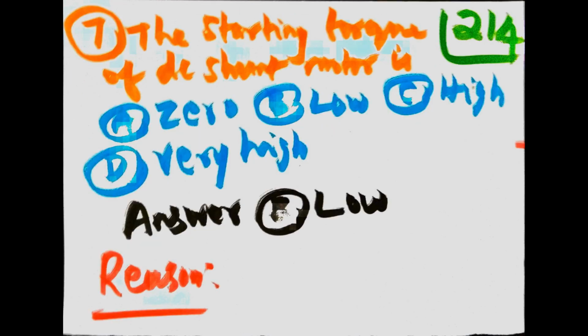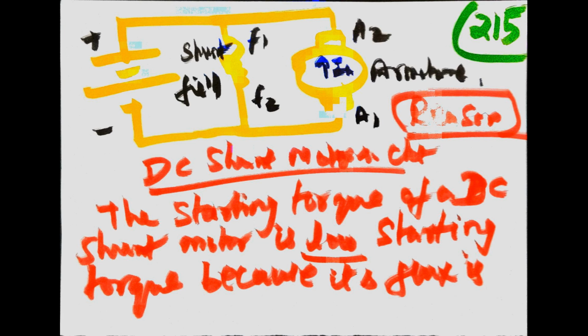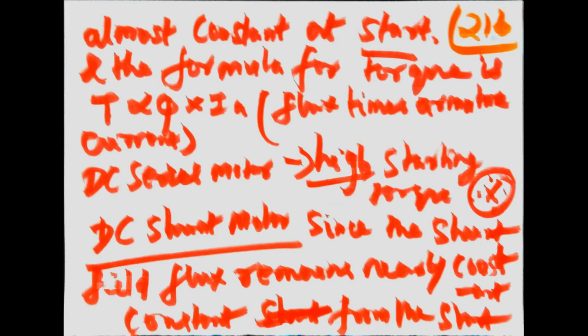Eighth question. The starting torque of a DC shunt motor: answer is low. The circuit diagram of a DC shunt motor is shown in the figure, with armature current Ia and armature winding A1, A2. The flux is almost constant at start, and the formula for torque is T proportional to φ into Ia, flux times the armature current.